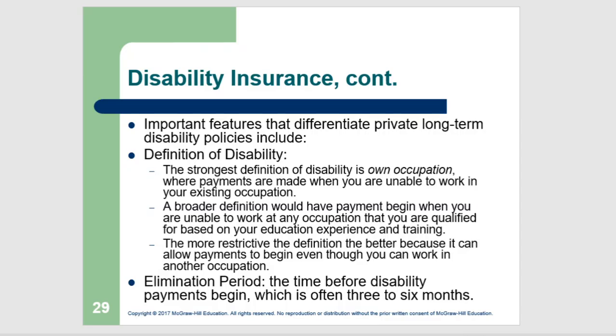The strongest definition is own occupation. If I am a professor and I have own occupation disability insurance, and I can no longer be a professor, I collect, right? It doesn't matter if I become a web programmer and do front-end web design and end up in a more lucrative career than I had before, because I get my own occupation pay.